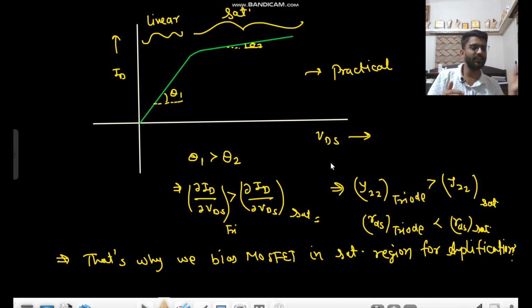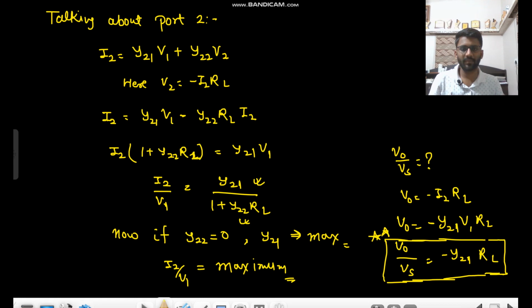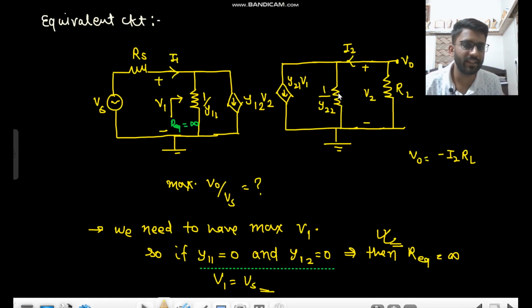So the output resistance of saturation region is higher, so that there is maximum current in load resistance. If there is less current in the output resistance, then the maximum current will go in load resistance, right? You can see in this diagram. If there is least current in this resistance, then only the maximum current will go in this resistance.